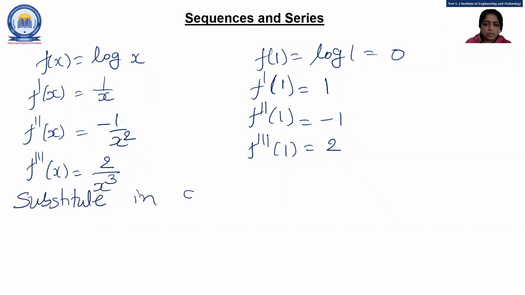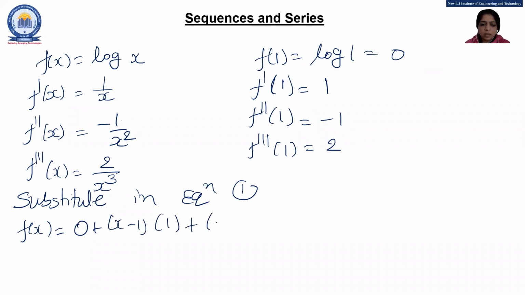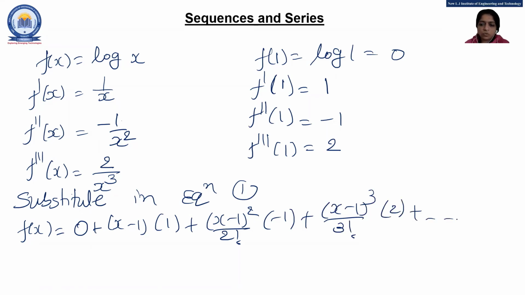Now substitute in equation 1. So f of 1 is 0, plus x minus 1 times f dash 1, which is 1, plus x minus 1 whole square by 2 factorial times f double dash 1, that is minus 1, plus x minus 1 whole cube by 3 factorial times f triple dash 1, that is 2, and so on.